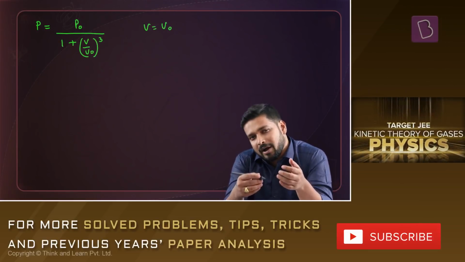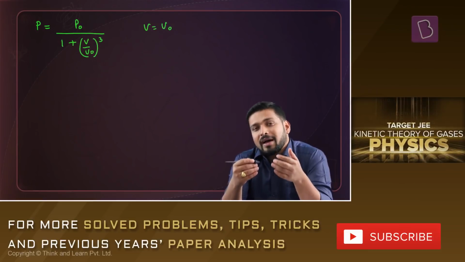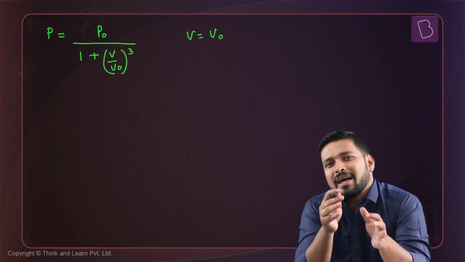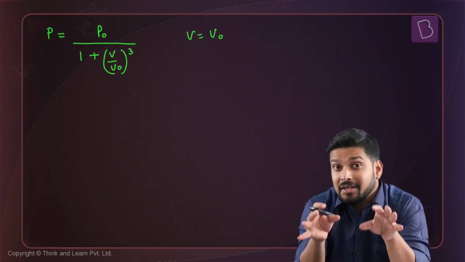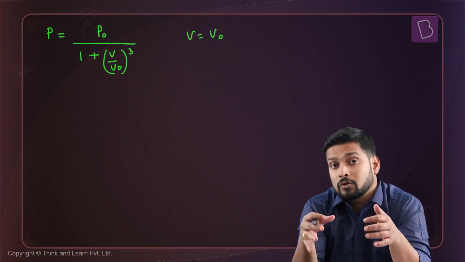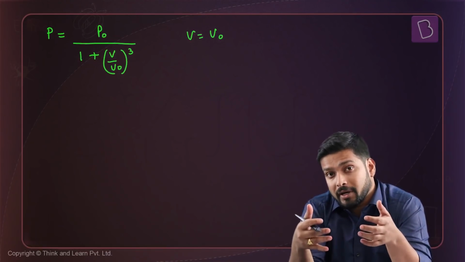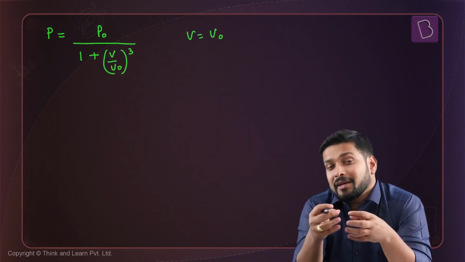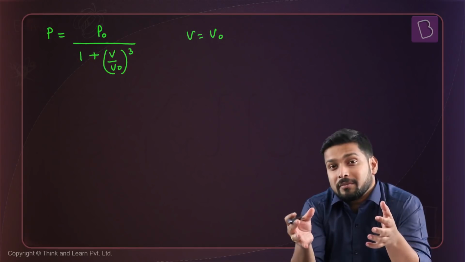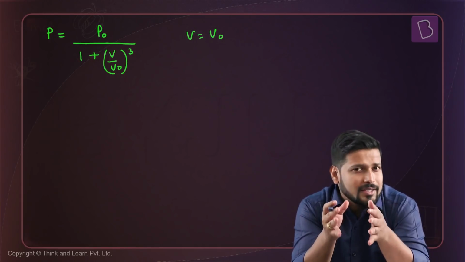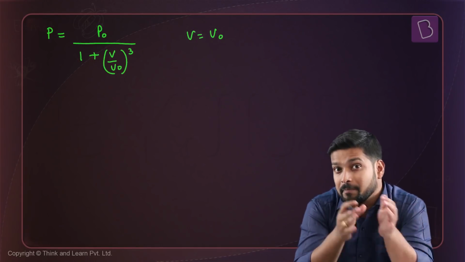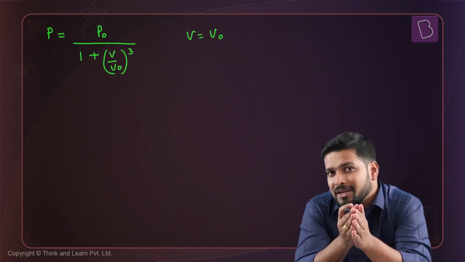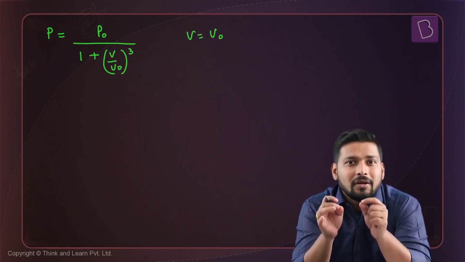If you look at this problem, I want to know the expression of average translational kinetic energy. Now this average translational kinetic energy is slightly different from the other forms of energy that you go through in this particular topic, like internal energy or total energy. You should not be confused by thinking that it depends upon the degree of freedom. Internal energy, total energy, yes, they do depend upon the degree of freedom, but average translational kinetic energy does not depend upon the degree of freedom.